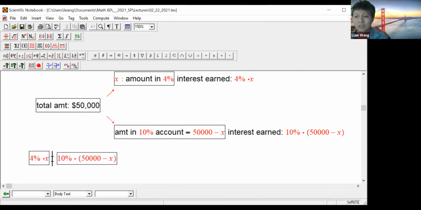The interest earned, we can add them, subtract them, not multiply them. So we're going to add them, and that's the total interest earned for the year for Mr. Lopez. And that is the equation. Do you follow me? That is the equation.